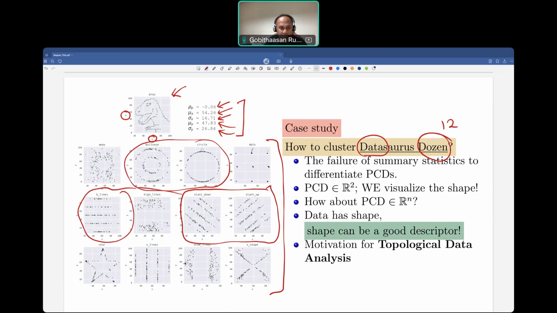For example, what we did just now is clustering, where I said this group and this group will be in the same group, and these two sets will be in the same group. So that is actually the motivation of topological data analysis. Data has shape. Shape can be a good descriptor. A descriptor can describe the point cloud.